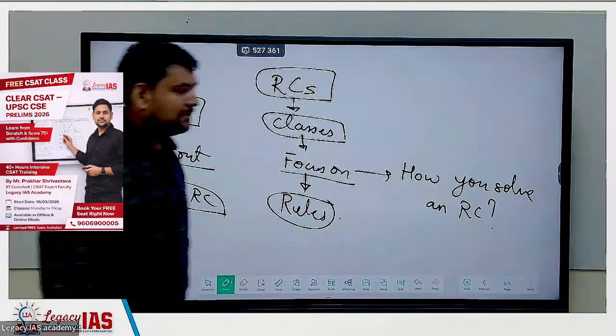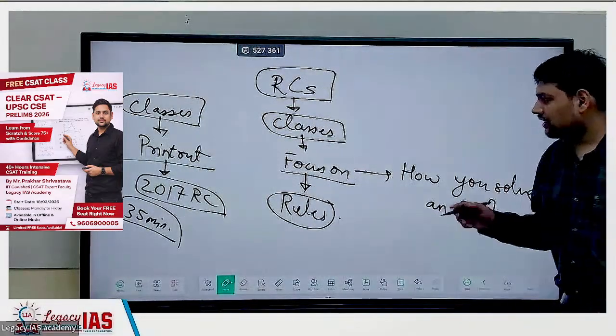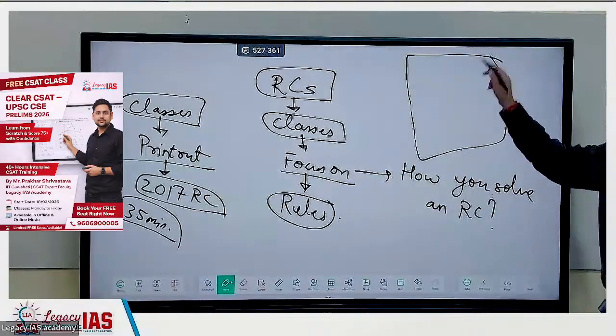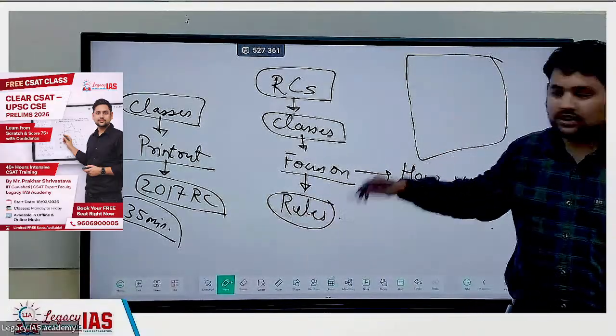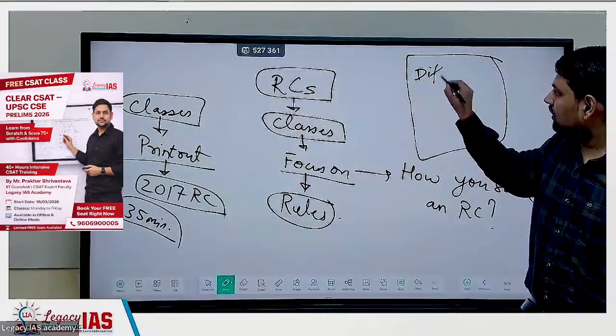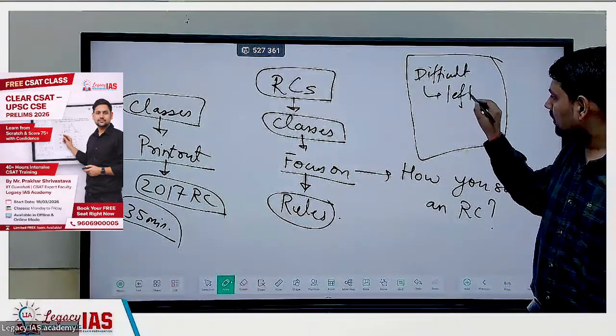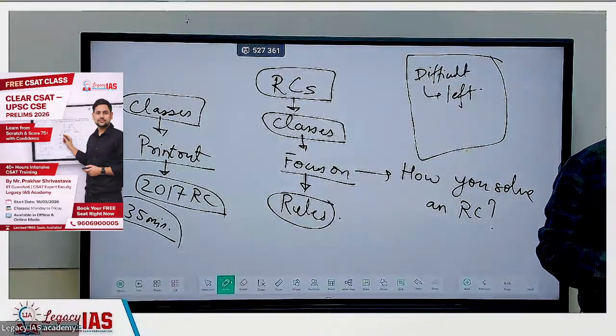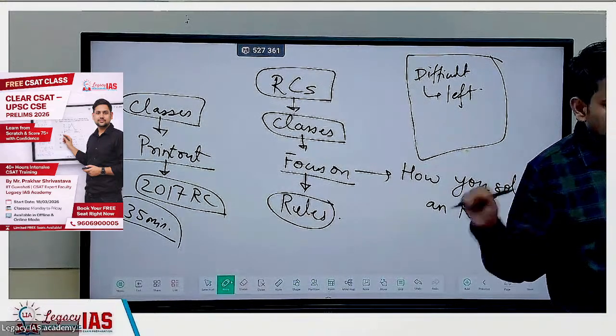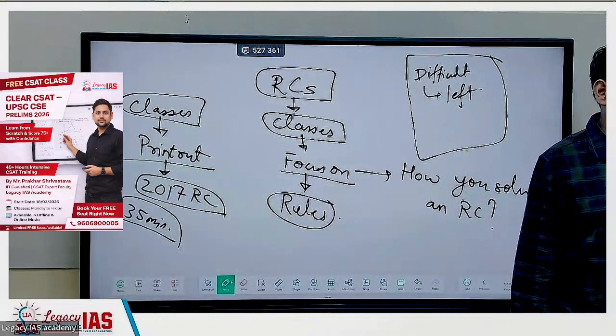Then I'll be telling you which of these RCs were difficult, that you could have left. Because identification of whether I would be able to do a question or not is the most important part of CSAT.